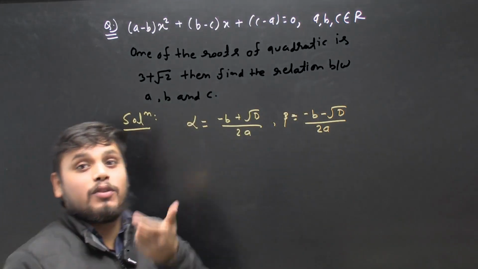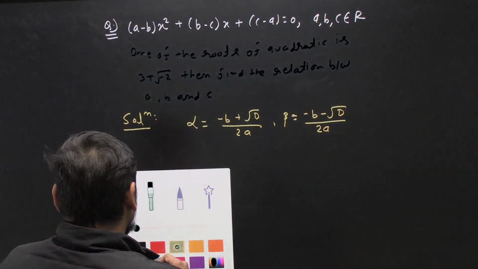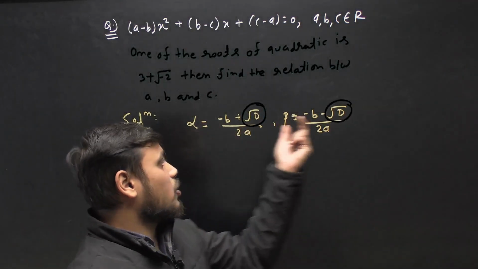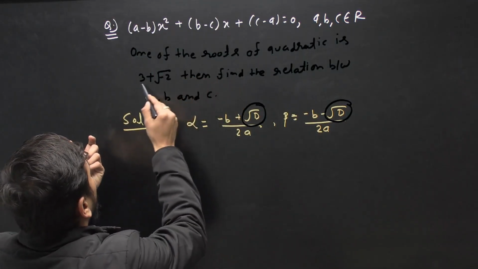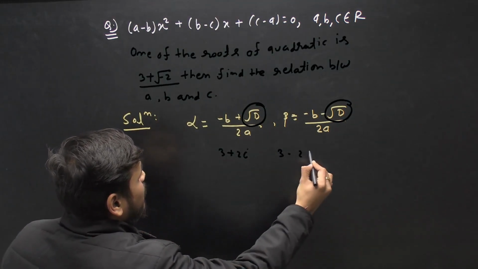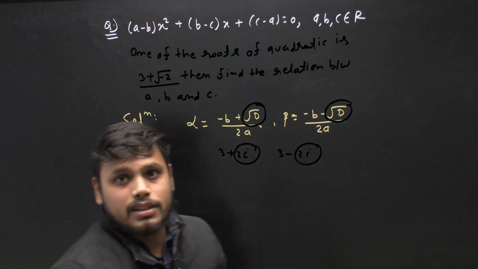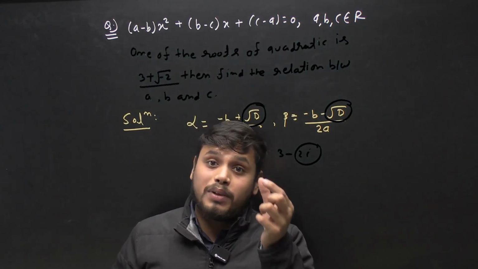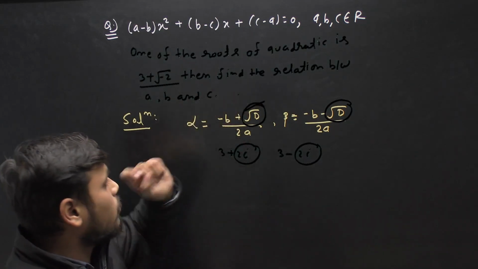So if a, b and c all are real numbers, from where will we get an imaginary number? We'll get the imaginary number only from the root part, and this part is being added to or subtracted from real numbers. If one root is 3 + 2ι, then the next should be 3 − 2ι, and this is nothing but √D. So imaginary roots appear in pairs, because the imaginary number occurs from the √D part only.